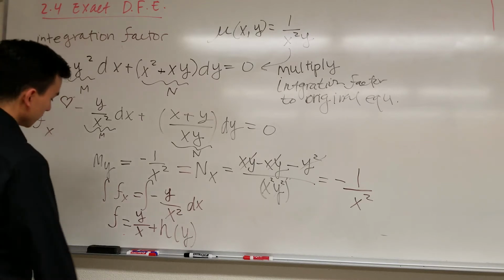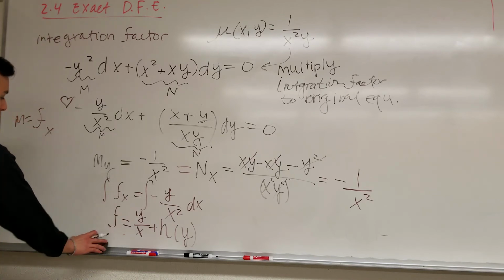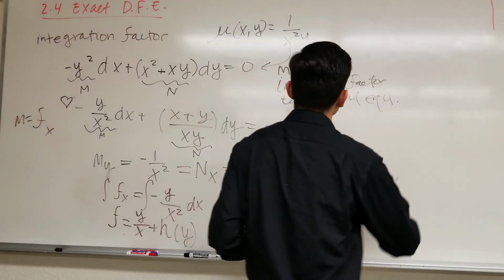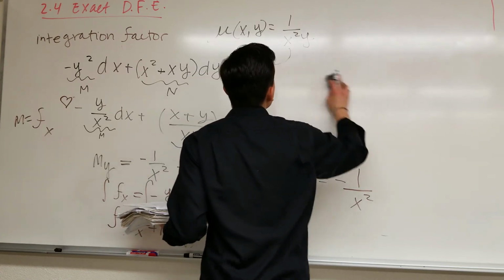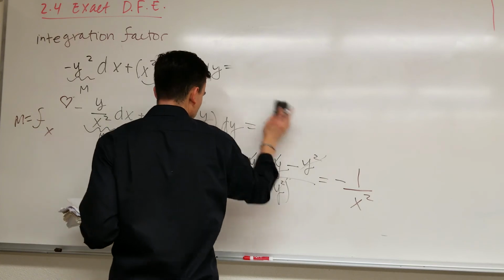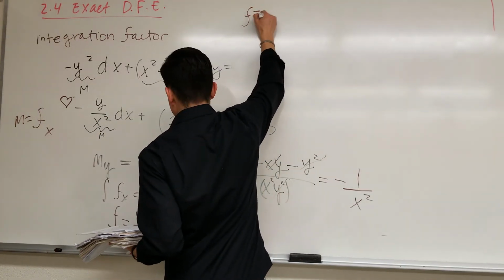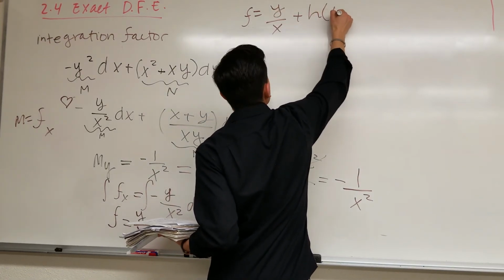So now what we're going to do is take a partial derivative of our little f with respect to y, right? Okay, I'm just going to go over here. I need some room. So f is equal to y over x plus h(y).